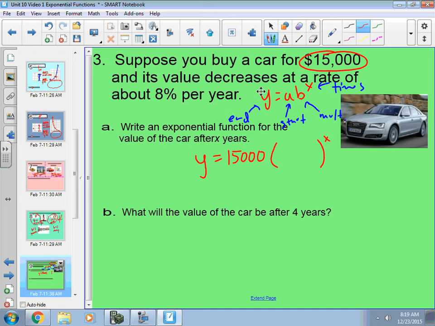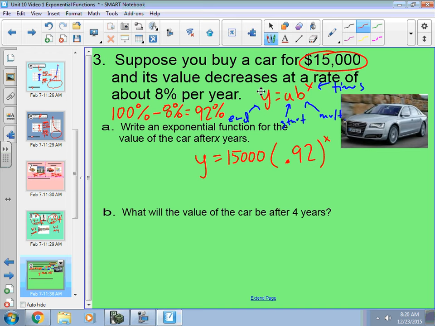Well, if we start always at 100%, and we're decreasing by 8%, that means our value each year is going to be 92% of what it was the year before. Now, when you're putting this in an equation, you can't put it in as a percentage. We know percentages always have to go in as a decimal. So if you change 92% to a decimal, that's going to come out as 0.92.